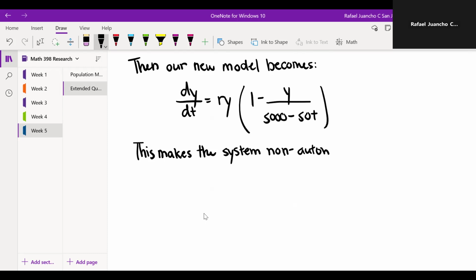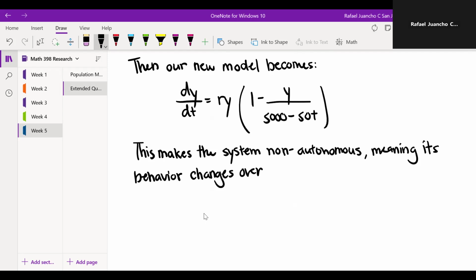What do we mean by non-autonomous? Well, meaning its behavior changes. So the behavior of that system changes over time, even if the population size stays constant.